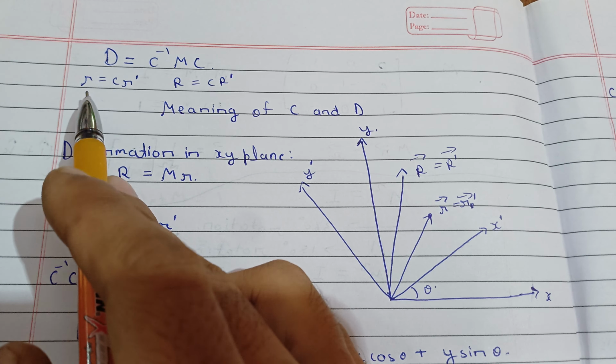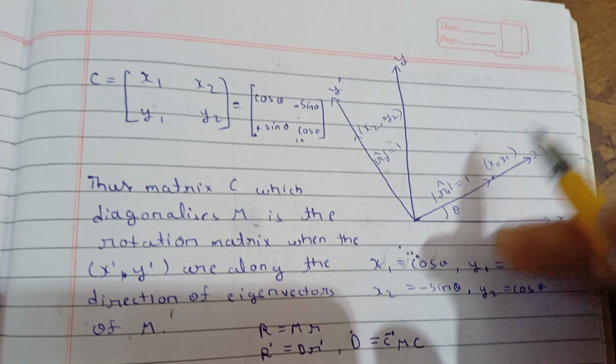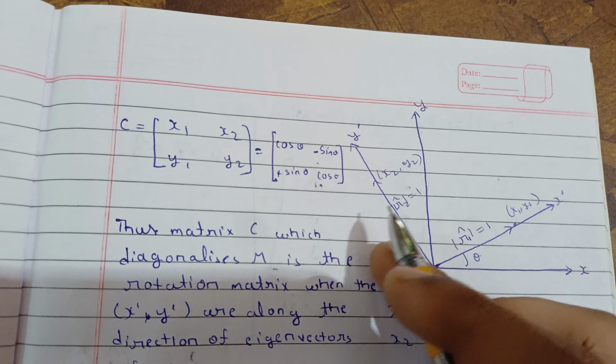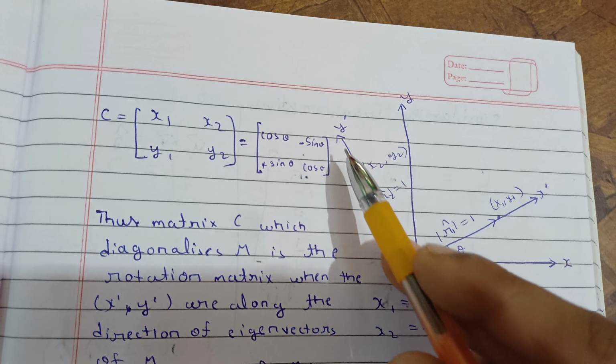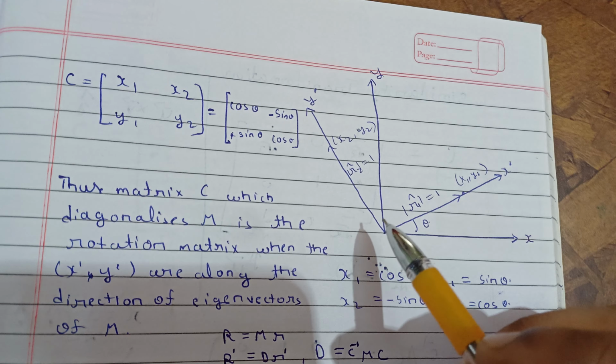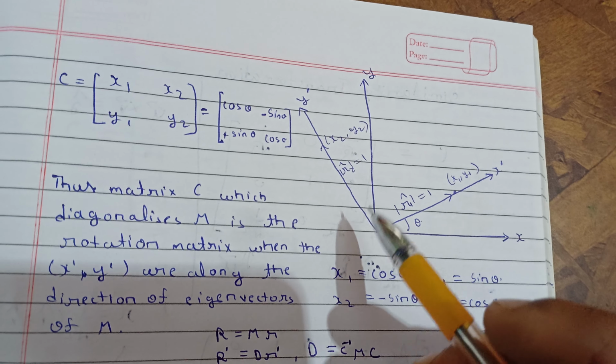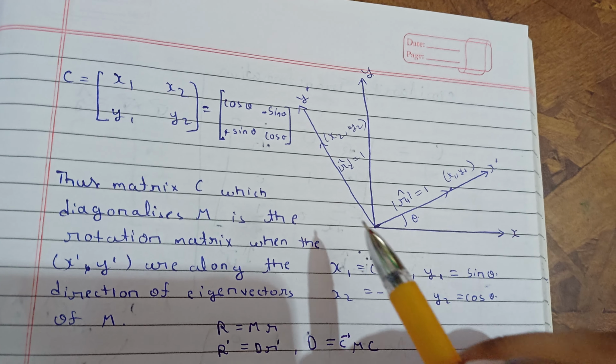If it is not, then you will see the examples and it will be more clear to you. So if we find the eigenvectors and these eigenvectors are perpendicular to each other, then these eigenvectors represent the axes of the new plane after rotation of angle theta.